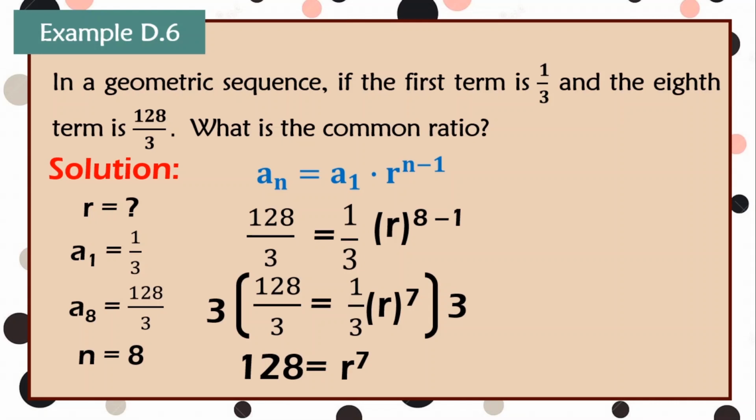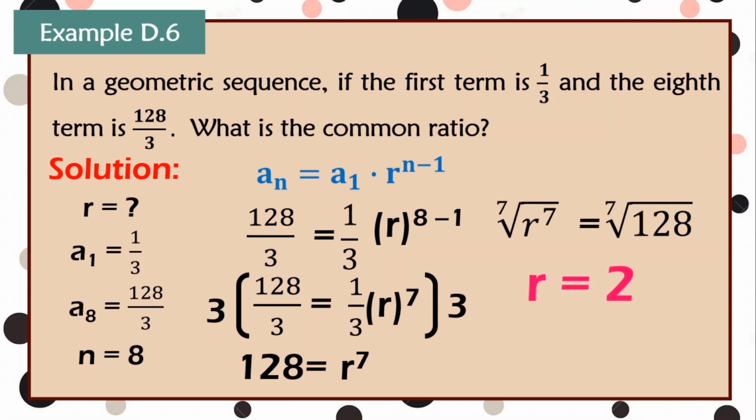So, how are we going to solve for R? Since we have an exponent of 7, we will take the 7th root of 128. And the 7th root of 128 is positive 2. So, here's the solution how to get the 7th root.